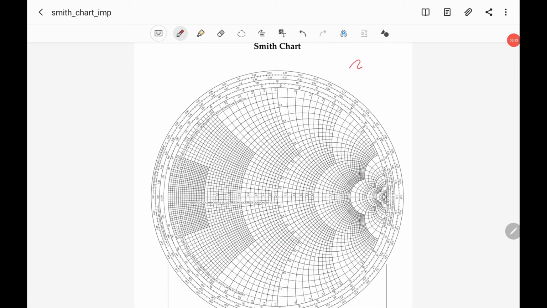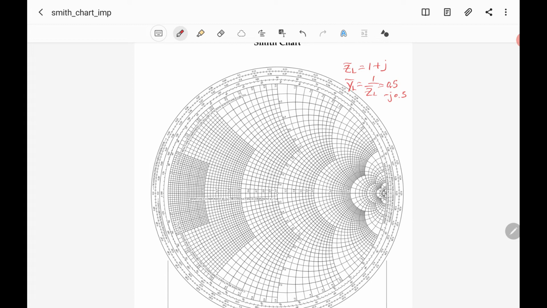So let's have one example. Let's say normalized ZL is 1 over J. Easily, we can calculate YL without knowing the Smith chart, using this relationship. If we mathematically calculate, the value is 0.5 minus J 0.5.